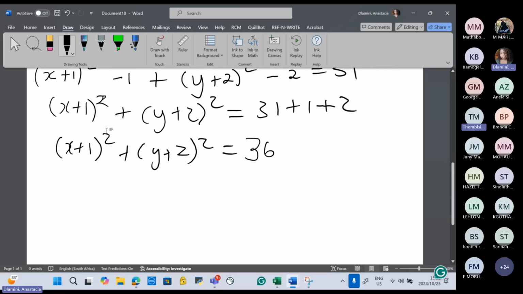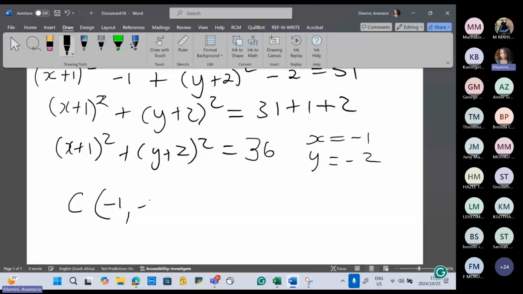Then we know that our center is x equals minus 1 and y equals minus 2, and the radius is 6. And that's how we solve it.